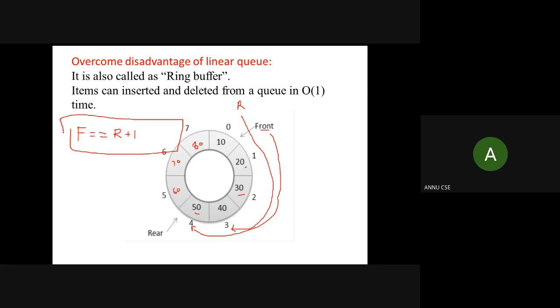So we are having two conditions here for overflow. One is when front is pointing to rear plus 1, and another one is when front is at index number 0 with rear pointing to max size minus 1. So I need to use an AND operation here. So rear should be pointing to the last index, max size minus 1, at the same time. Okay, so let's suppose I am writing here another variable, and let's suppose the name of it is max size minus 1.